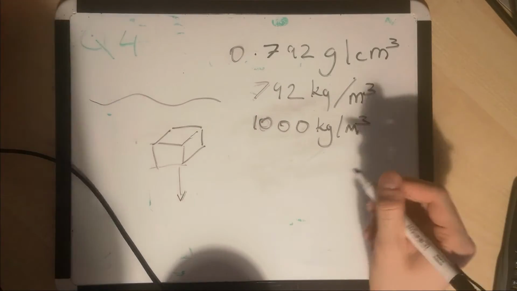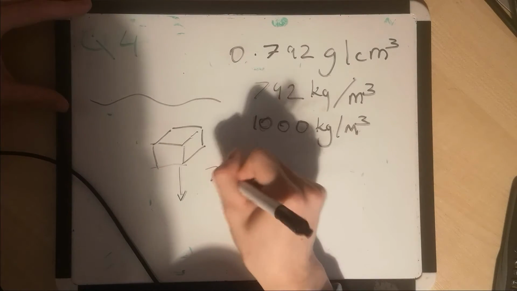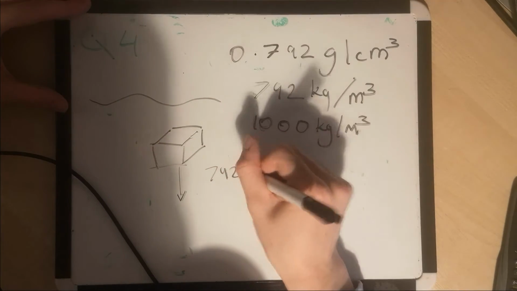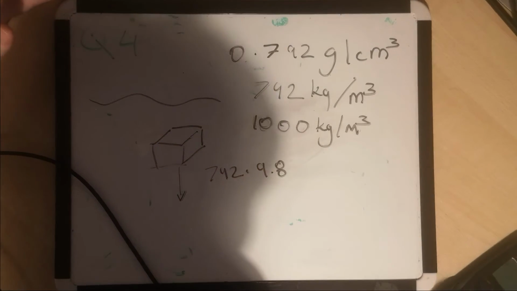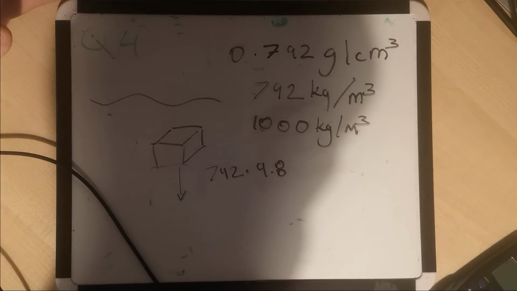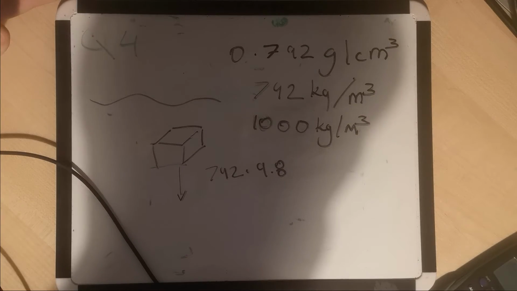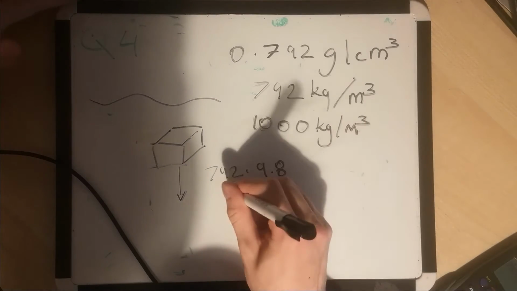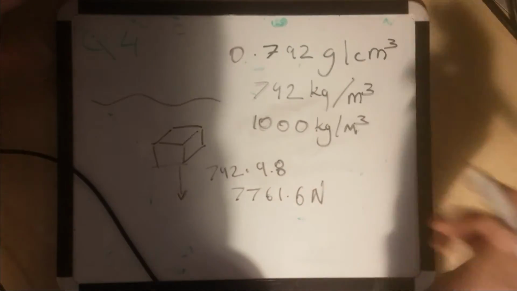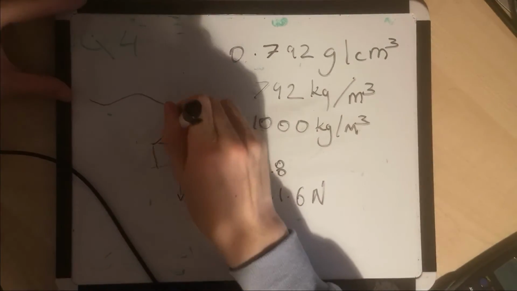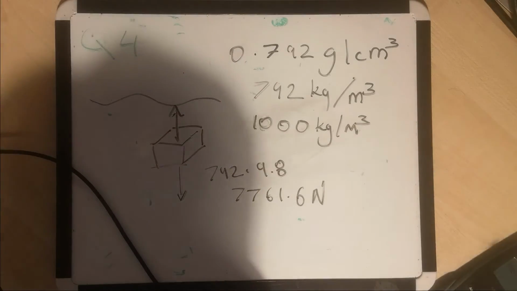Downwards is just gravity, so it's 792 multiplied by 9.8, which gives us 7761.6 newtons downwards.